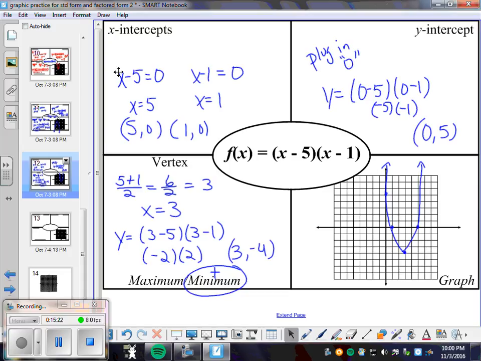Now I have one more I want to show you. So I'll give you a minute to make sure you got this one, and don't forget to check it in your y equals. Make sure your graph matches and everything is right. Okay, last one I'm going to show you.